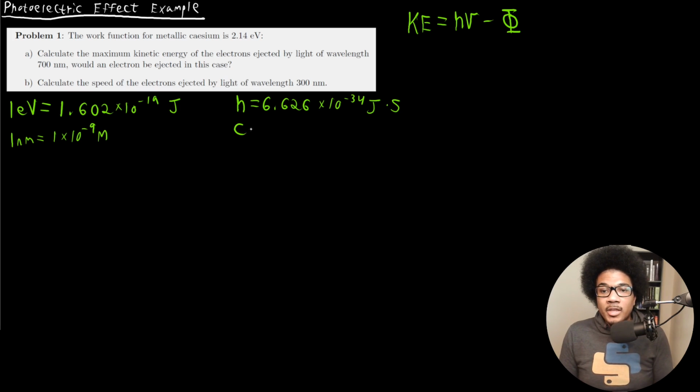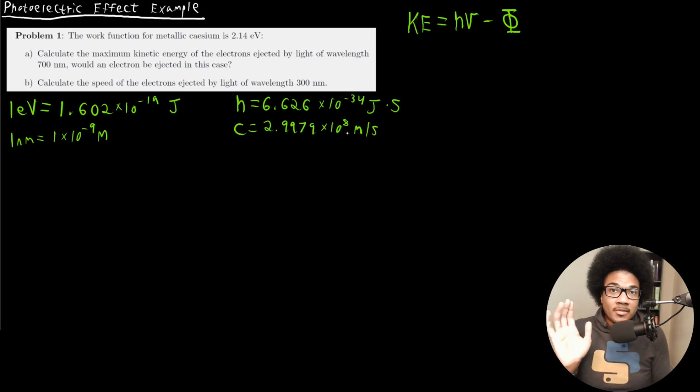We'll need the speed of light, which is 2.9979 times 10 to the 8 meters per second. Some people just say 3.0 times 10 to the 8 meters per second. That's fine as well. I like to carry a few other decimal places along with it.